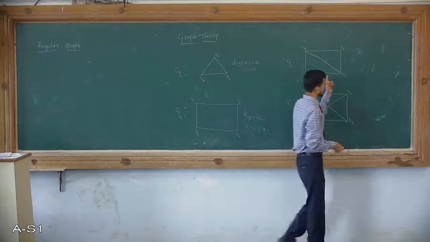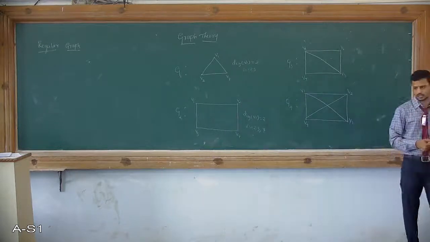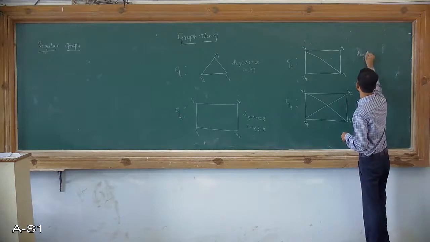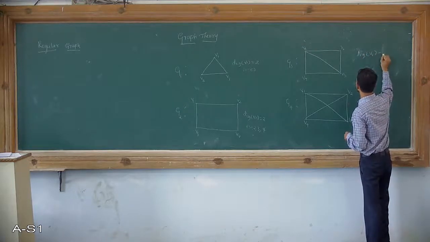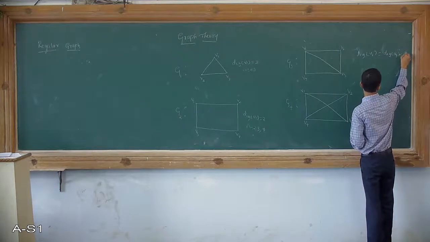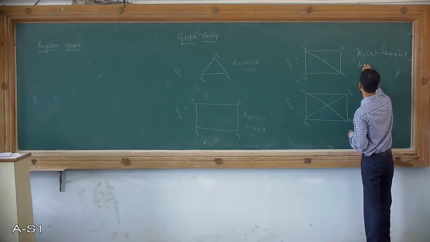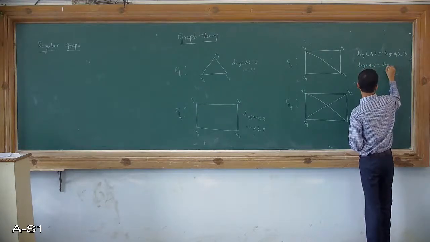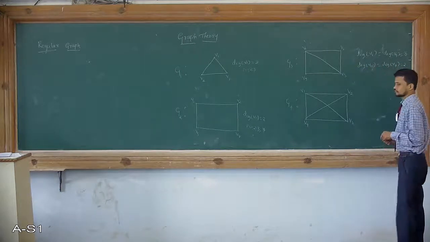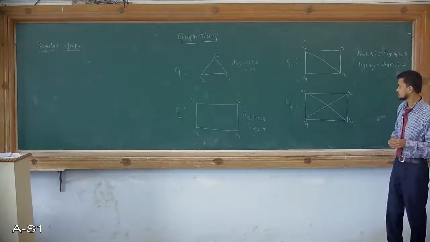Coming back to graph 3, here degree of V1 is equal to degree of V3, that is 3, and degree of V2 is equal to degree of V4, which is 2. In other words, degree of each vertex is not the same in the graph G3.